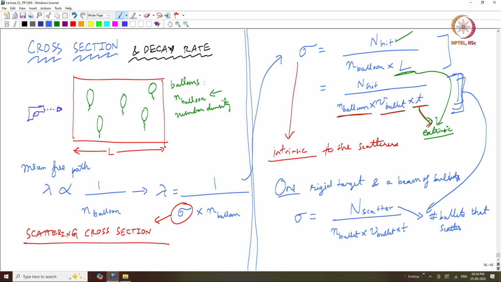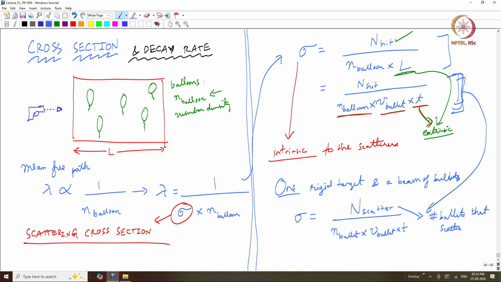So the number of bullets that do scatter off the rock or the rubber ball is what I'll put in the numerator, and downstairs I'm going to put the number density of the bullet. It's exactly the same concept. It's as though I have changed frames. It's now as though the balloons have become the bullets. I'm now going to the rest frame of the bullet, let's say. This is all equivalent, right?